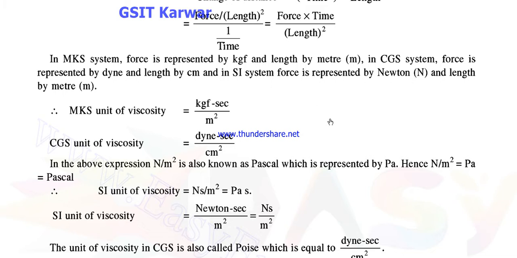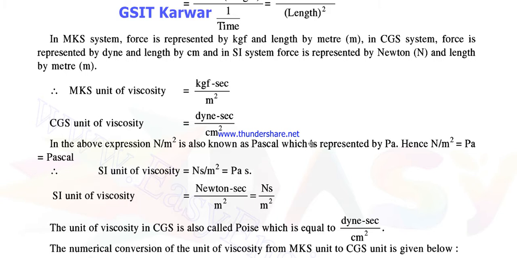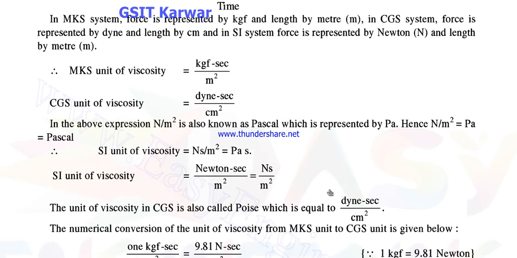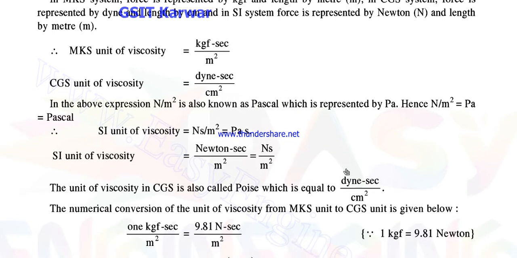In SI system force is represented by Newton and length by meter. Okay, MKS unit of viscosity is equal to kgf second per meter square. It means kilogram force second per meter square by MKS unit. In CGS unit, viscosity is equal to dyne second per centimeter square. In the above expression, Newton per meter square is also known as Pascal.